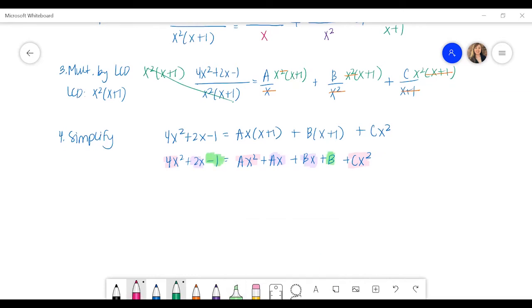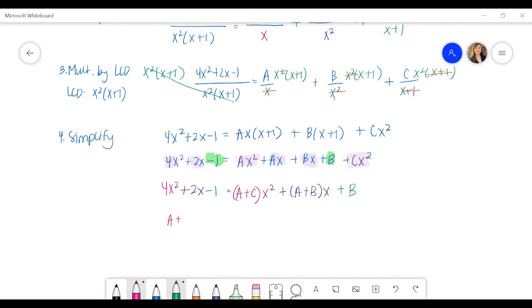So let's pair these up. 4x squared, (A plus C)x squared, plus 2x, (A plus B) times x, and then minus 1, B. And those colors should be updating. I don't know why it's doing that today. There you go. Okay, so let's set them up as equations.